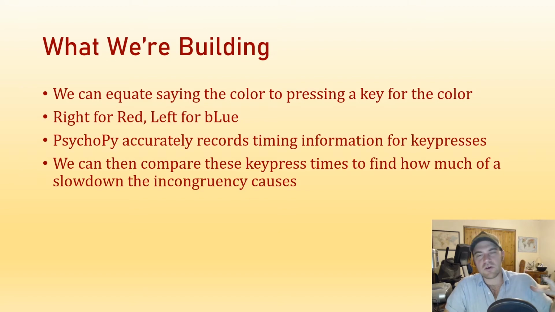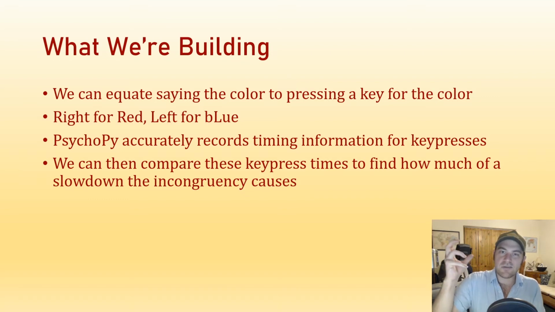PsychoPy is really good at pulling timing information. That's essentially what it's for. I should have told you this earlier, but it means psychophysics written in Python. So it's a psychophysics toolbox that's written in Python. And the main crux of psychophysics is accurate timing. So what we want to do is compare the times for these key presses to figure out how much of a slowdown there is with this incongruency.